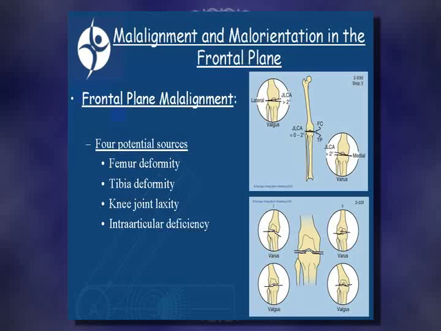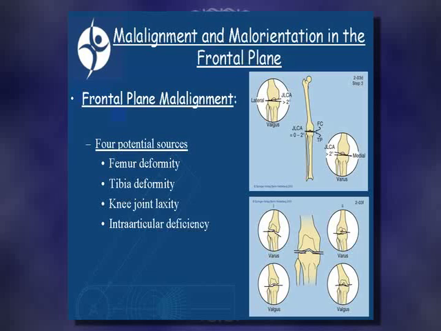When we start to look at kids and adults with deformities, there are 4 potential sites of deformity in the lower extremity. You can have a femur deformity. You can have a tibial deformity, like that last Blount's boy. You can have knee joint laxity that's opening up. The tibia and femur could be totally normal in measurements and lines, but you have laxity in the joint line.